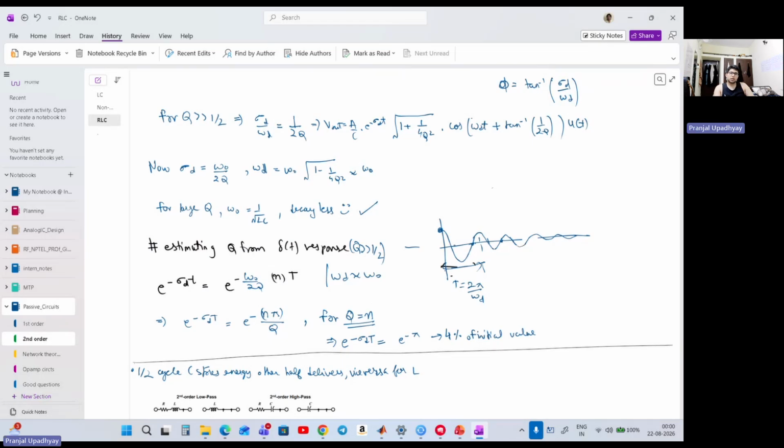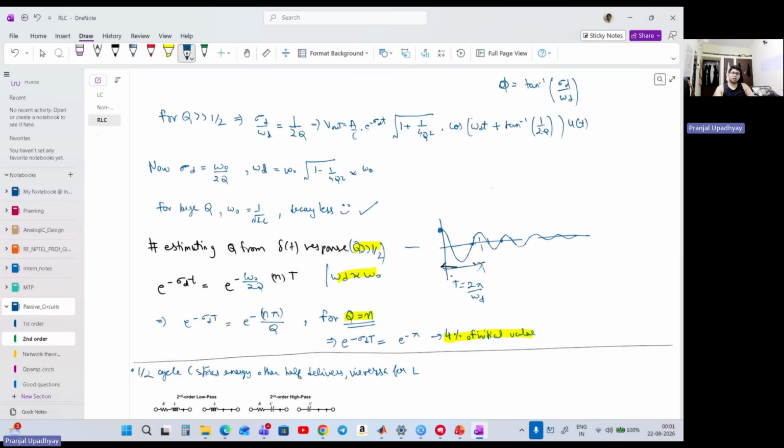So just by looking at the impulse response of the circuit, you can actually tell the Q factor, which just happens to be equal to the number of oscillations the output took to degrade down to 4% of its initial value. So from this, we can comment on the Q factor also.